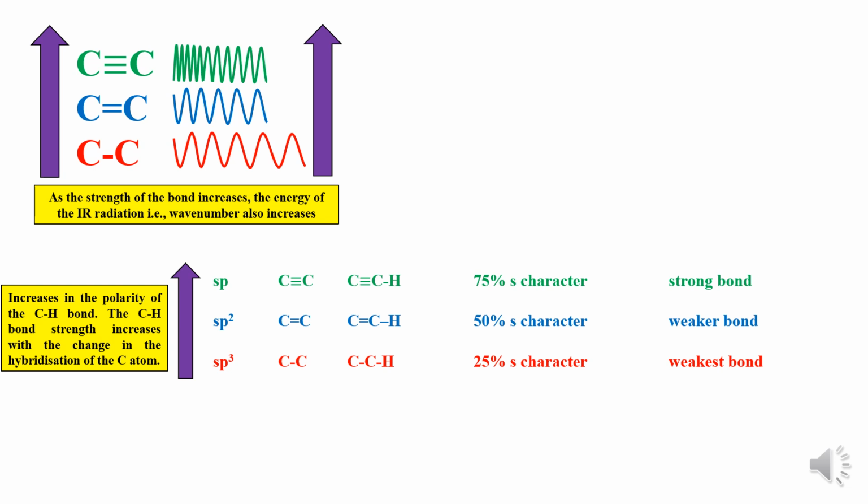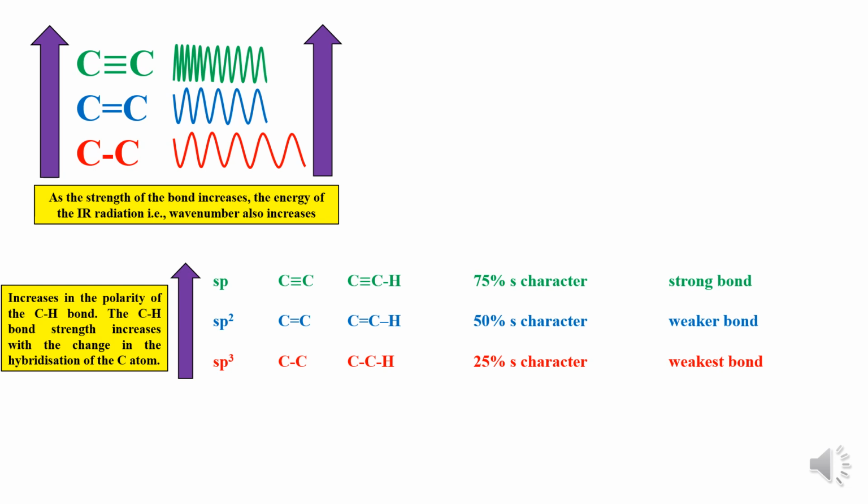And as the s character increases, the s electron will be closer to the nucleus, and thereby there will be a strong attraction between the s electron and the positively charged protons present in the nucleus of the carbon atom. And this strong hold of the electrons by the positively charged protons of the sp hybridized carbon results in a stronger bond.